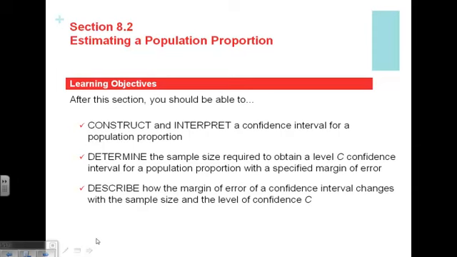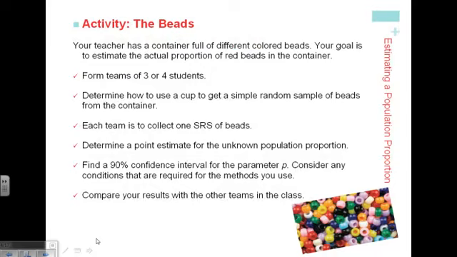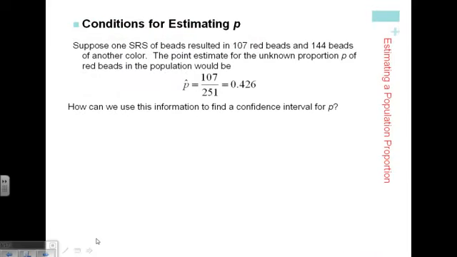We're also going to talk about how we can determine how big of a sample size you need in order to get a margin of error that's acceptable to you. And then lastly, we're going to describe how the margin of error of a confidence interval changes with sample size and changes with the confidence level. All right?